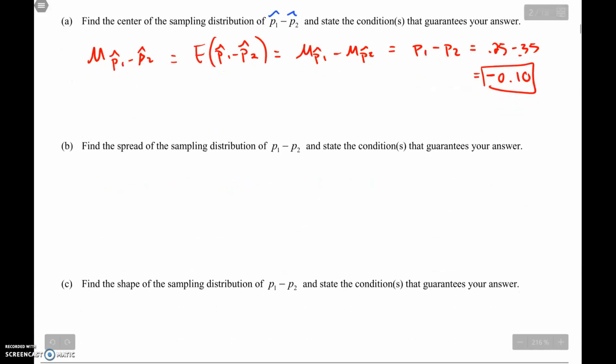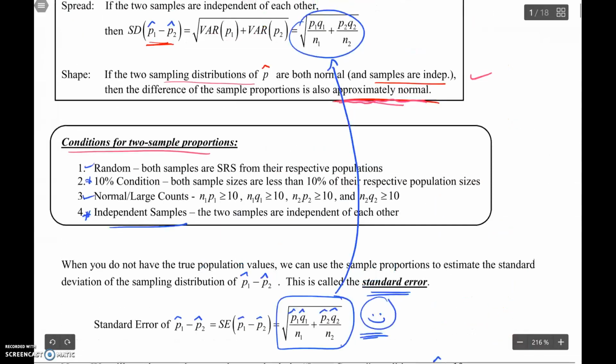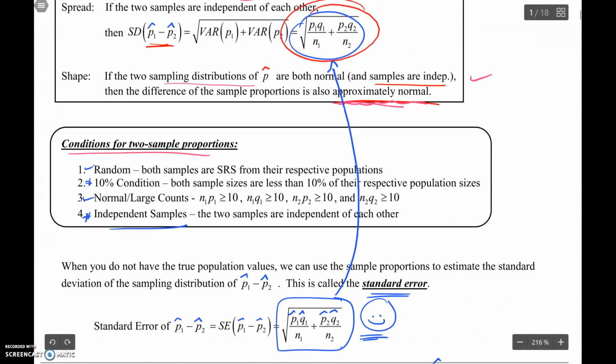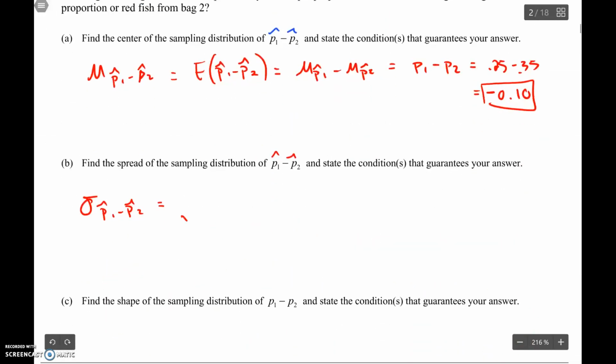Find the spread. So what is the standard deviation of p hat 1 minus p hat 2? Well, we're just going to use our formula right here, from the formula sheet. It's the square root of P1 Q1 over N1 plus P2 Q2 over N2.